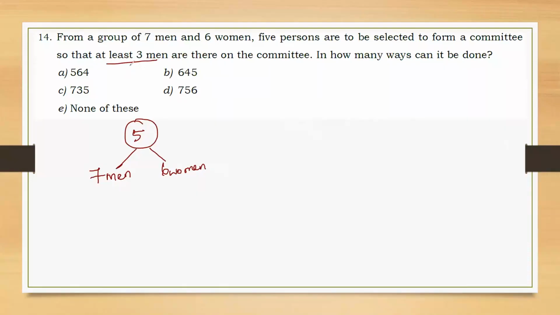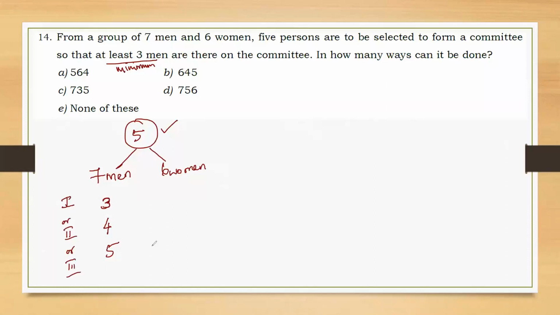At least 3, a minimum. So the minimum should be 3 men, out of 5 overall. So at least 3 men or 4 men, or all 5 members in the committee may be men. So we have 3 cases: either case 1 or case 2 or case 3.